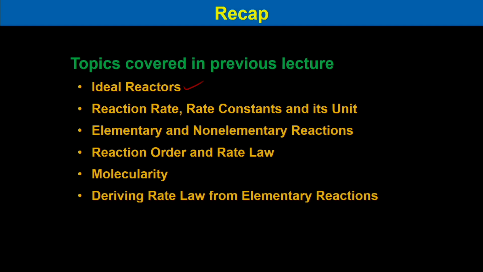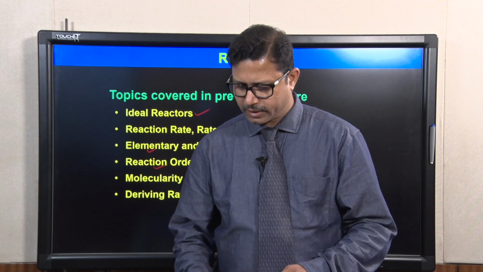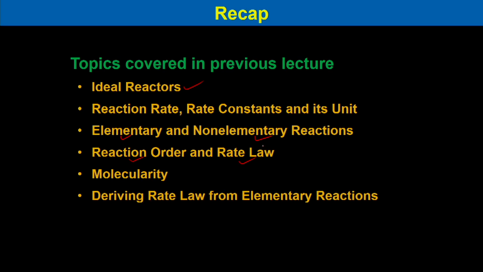We distinguished between elementary and non-elementary reactions. Then we saw the concept of order of the reactions and different rate laws, then molecularity of the reaction and the different rate laws derived from the elementary reactions.